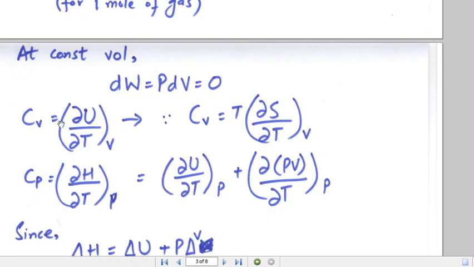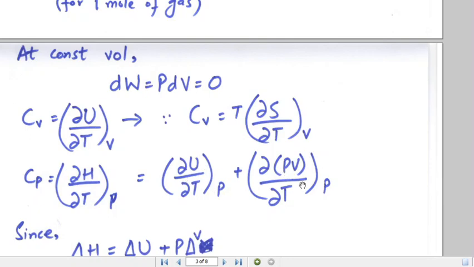The specific heat at constant volume should be equal to partial U by partial T at constant V. You can also write the specific heat in terms of entropy by using the definition of entropy. Similarly, the specific heat at constant pressure will be equal to partial U by partial T plus partial by partial T of the product PV, since you are also doing work in this case.